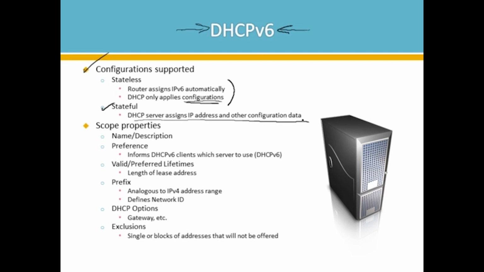Now, the scope properties for DHCP version 6 have a name and description. That's common. We also have something called a preference. A preference is what tells the version 6 clients which server to use. So we've got a little bit of what I would call load balancing, because we're going to tell them which server to use. That's going to be in there.